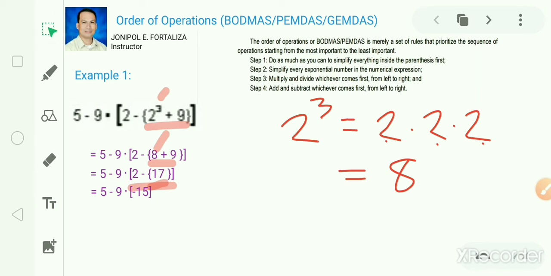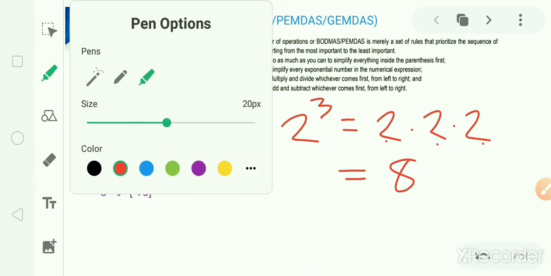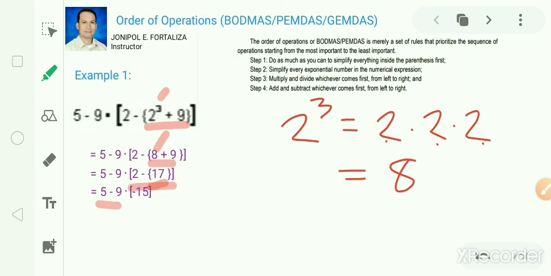So we have now 5 minus 9 times negative 15. As you can see, we have here two operations, the subtraction and the multiplication.